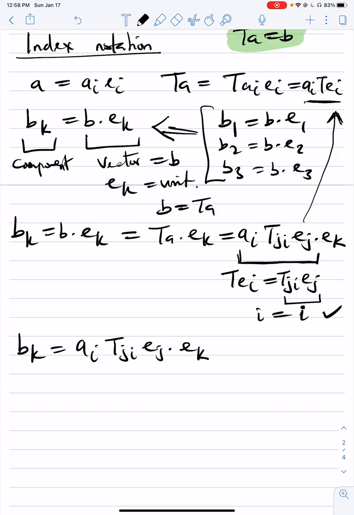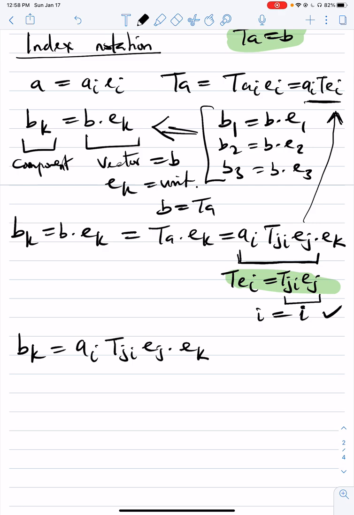So from here, TA equals the component form, right? Then you rearrange this just to make things easy. When you rearrange it, A_i is the component of A, and TE_i is the transformed unit vector in that direction. TE_i itself means this. This is an expression for TE_i, because this is the component. We've gotten this expression in previous notes, right?